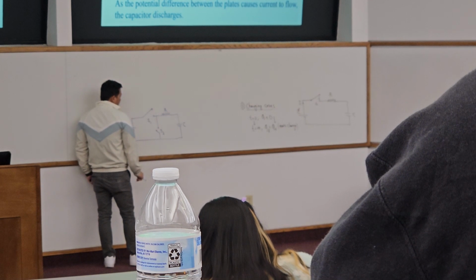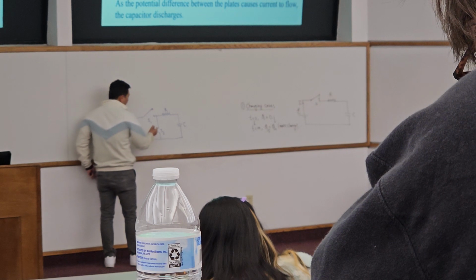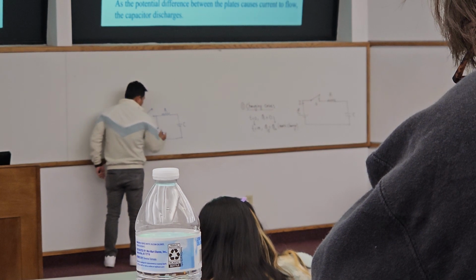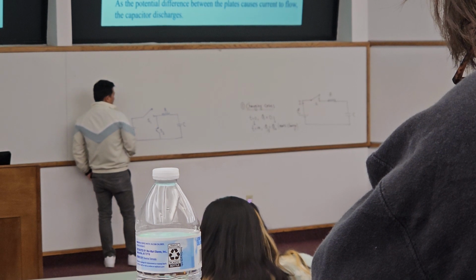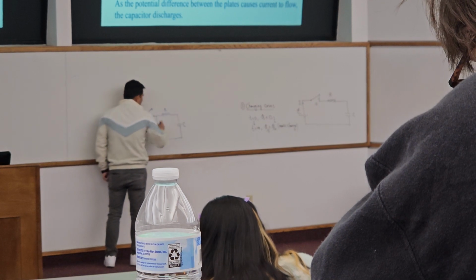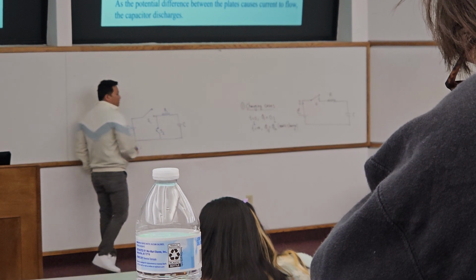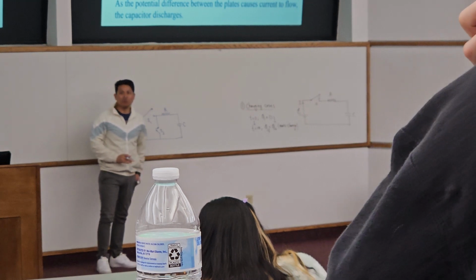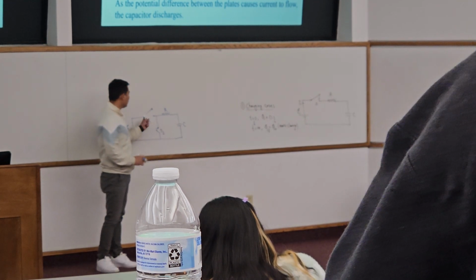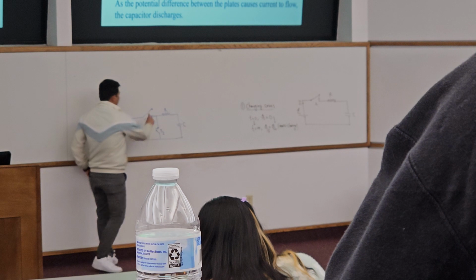Now you turn on this switch. You only focus on this part because now your battery is disconnected. The battery has no role at this moment because the current from the battery doesn't flow; this is an open circuit.